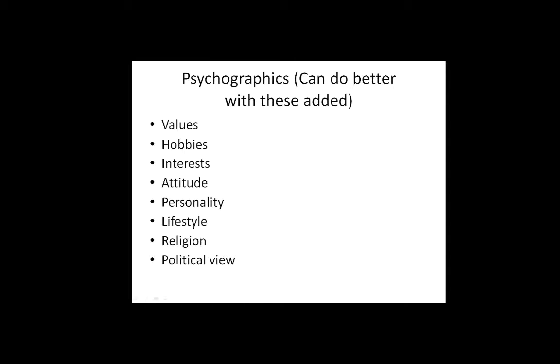So things that are included in psychographics are values, their hobbies, their interests, their attitude, personality, lifestyle, their religion or political views. All of these are examples of psychographics. And again, these are things that you can find or search for and select through different list brokers, different websites and media that you'll be advertising on.